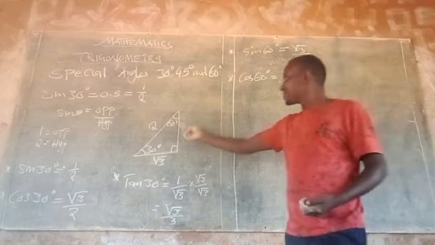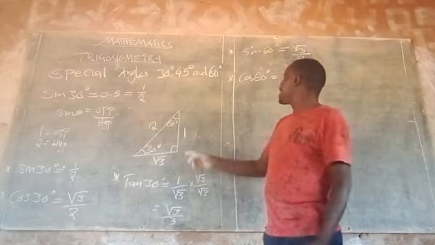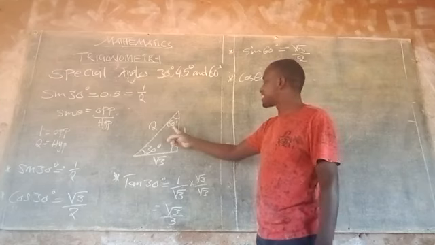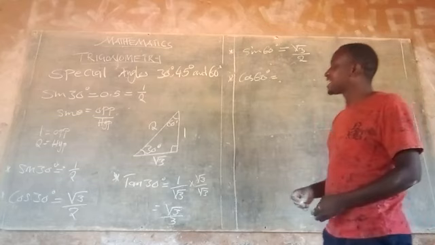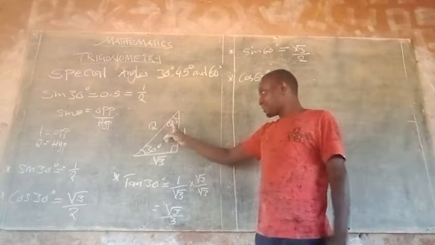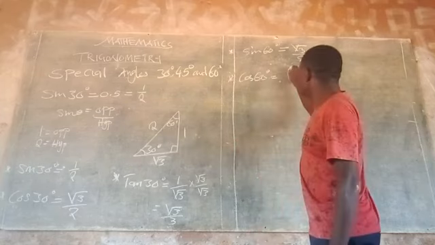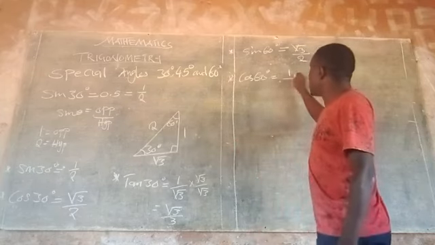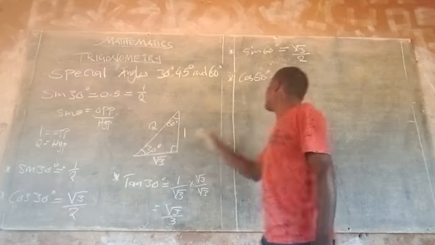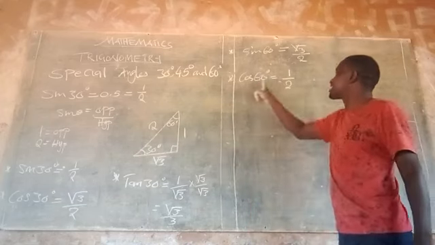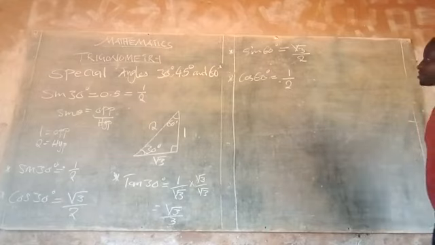So if we are to come on our right triangle, we are going to find that if we say cos 60 degrees, and we know that cos theta is simply the adjacent, which side is adjacent to this angle? It's simply 1. So we say adjacent, which is 1 over the hypotenuse, which is simply 2. So we know that cos 60 degrees is just 1 over 2.